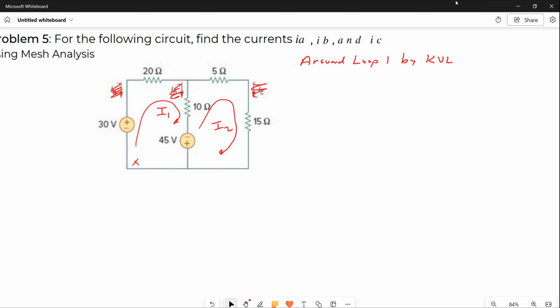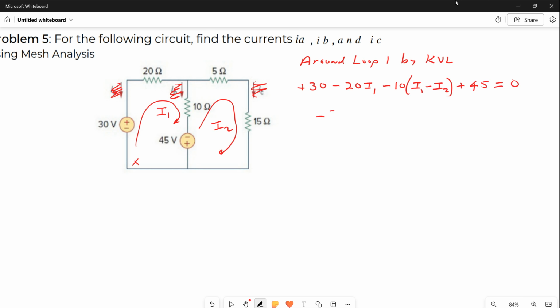And what you should see is a plus 30, minus 20, because it's a resistor, think what current, just I1, minus 10, open parentheses, stop and think, what are the currents? Well, you have I1 minus I2 in this case. You're always going to subtract the other current the way I do this. Plus 45 equals 0.